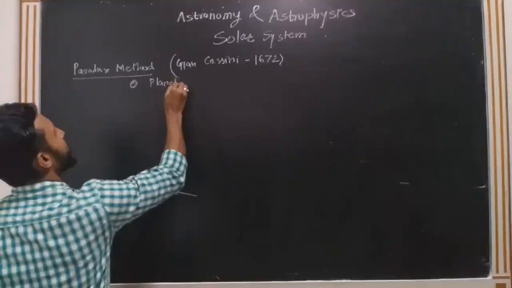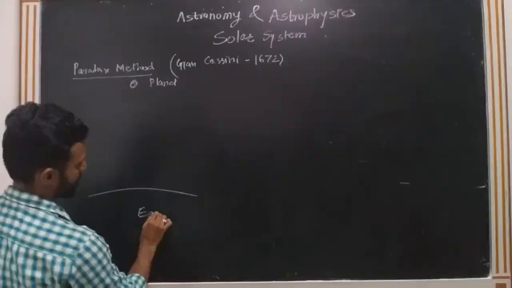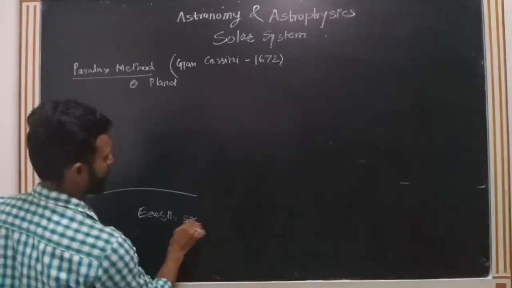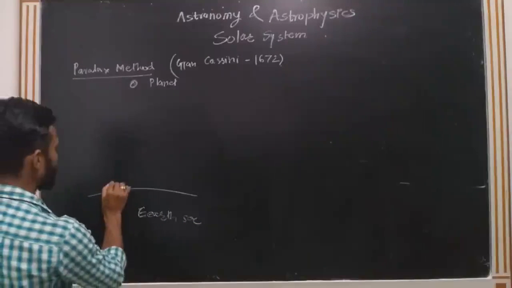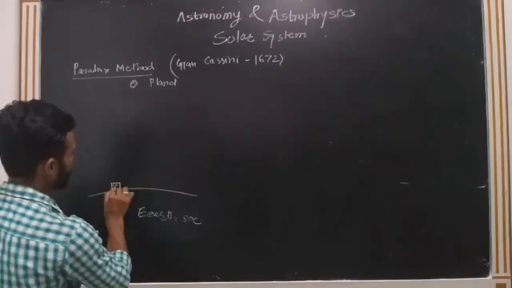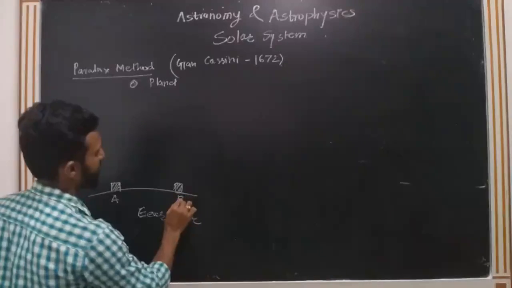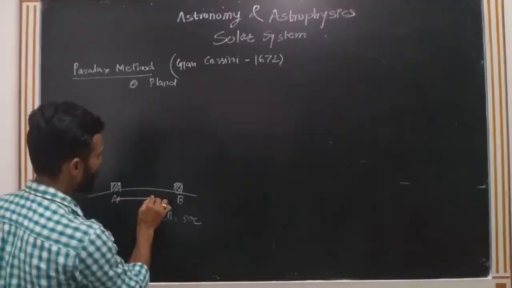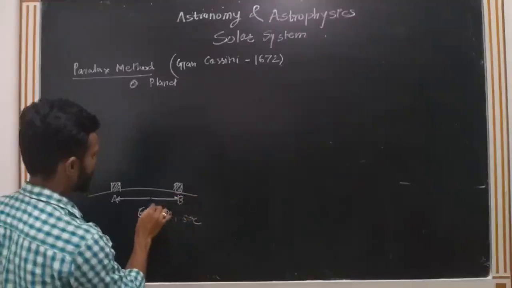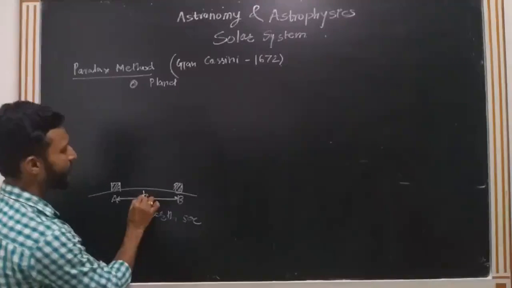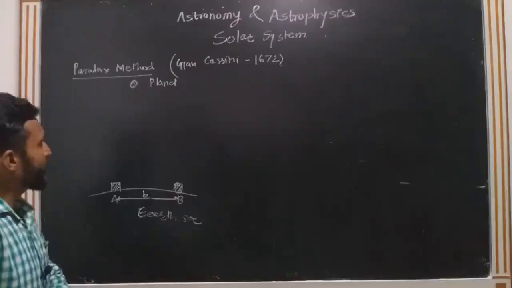Let us consider two observatories here, A and B, separated by a well known distance, let's say B, the distance between the two observatories.